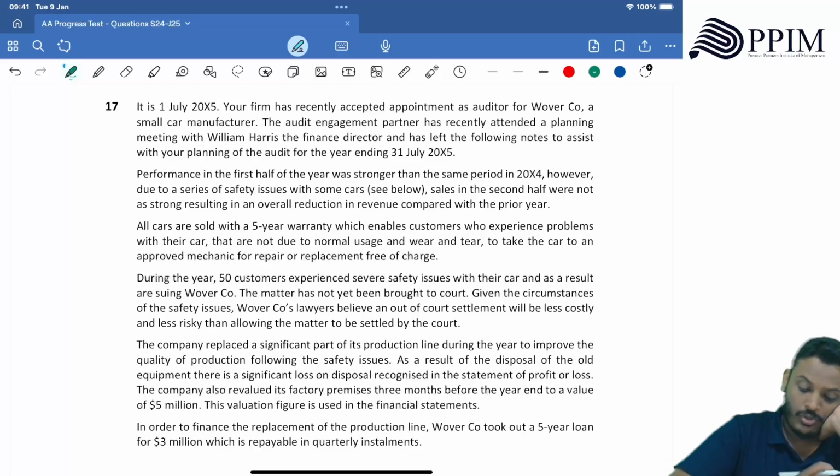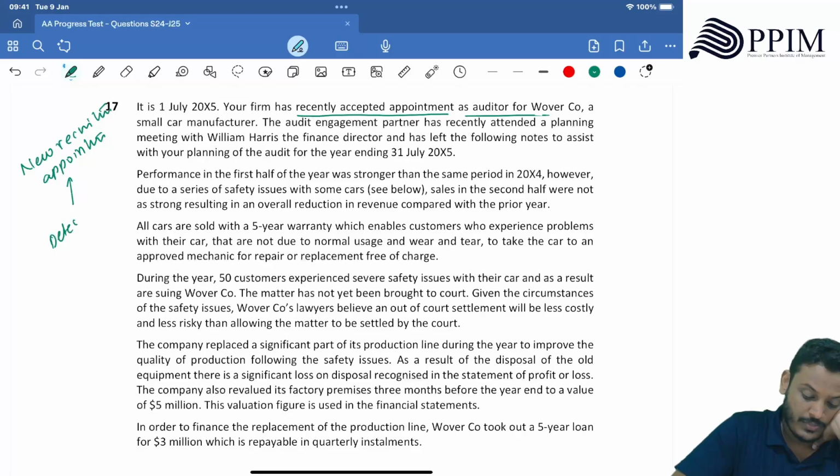Right? So your firm here, see the first paragraph they're telling, your firm is recently appointed as auditor. So new appointment, so detection risk is very high.